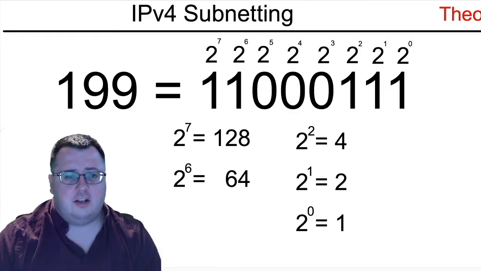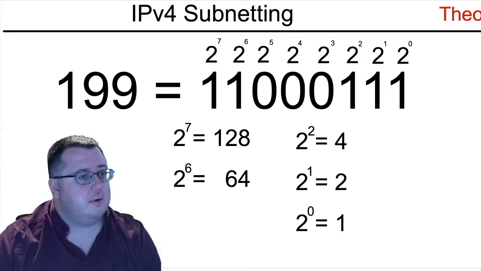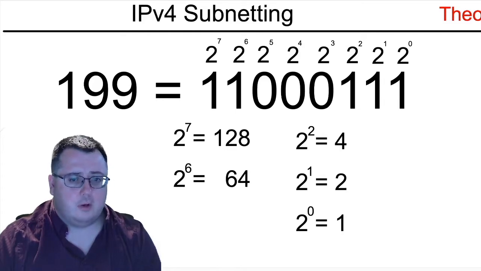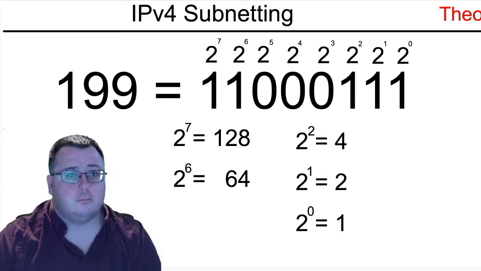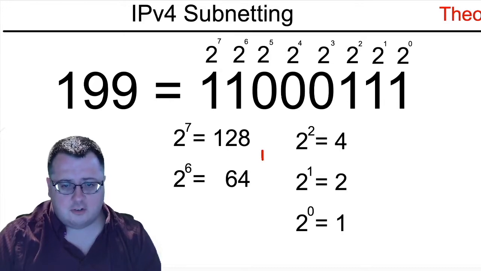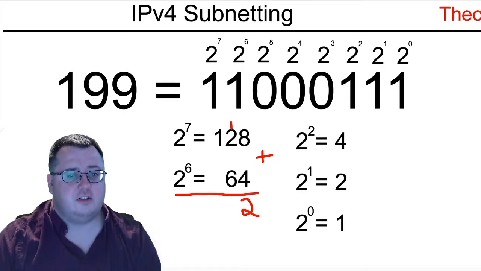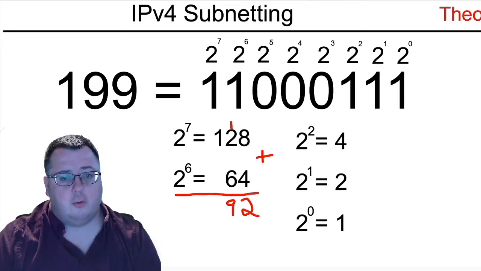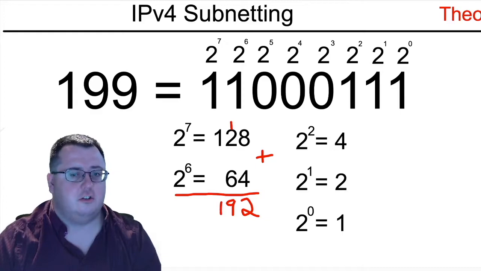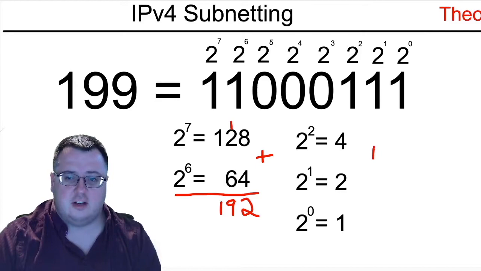So the idea is that these powers of 2 can be added together to generate the same number that we are looking for. So if I add 128 and 64 together, that's going to give me 12, carry a 1. 1 plus 2 is 3, plus 6 is 9, and 1 carried is 192. And then if I add 4 to 192, I'm going to get 196.